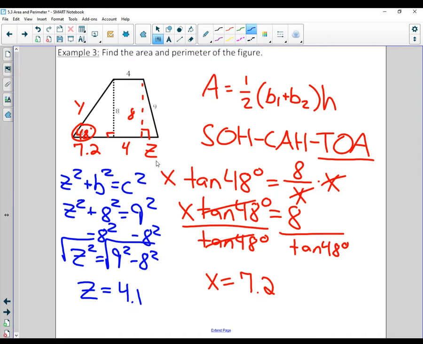Okay, so z is 4.1. Now we have everything we need to find the area, right?